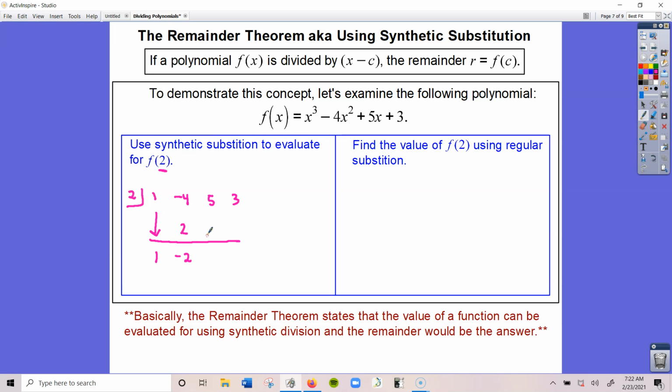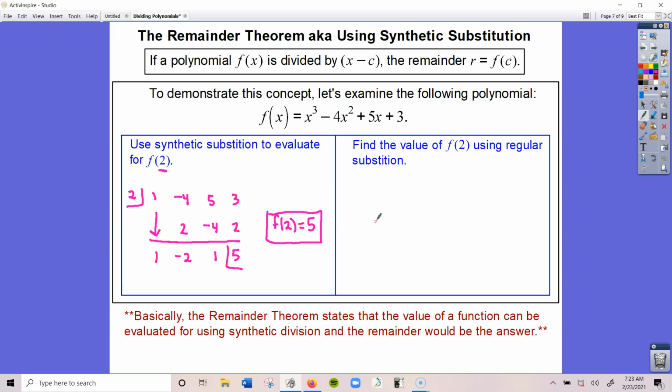Negative 2 times 2 is negative 4. 5 minus 4 is 1. 1 times 2 is 2, and 3 plus 2 is 5. This is my remainder. So what the remainder theorem states is that your function value, the one that you are trying to evaluate for, is going to equal the remainder. So if I were to plug in 2 for every x, my answer should end up being 5.